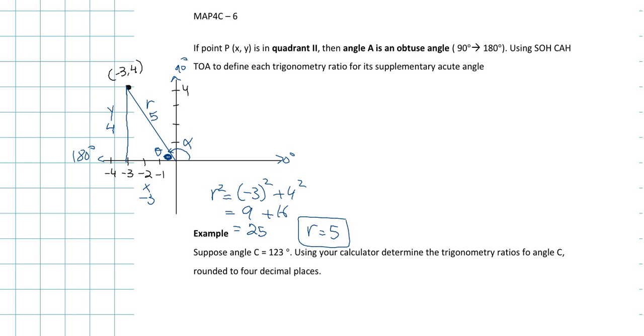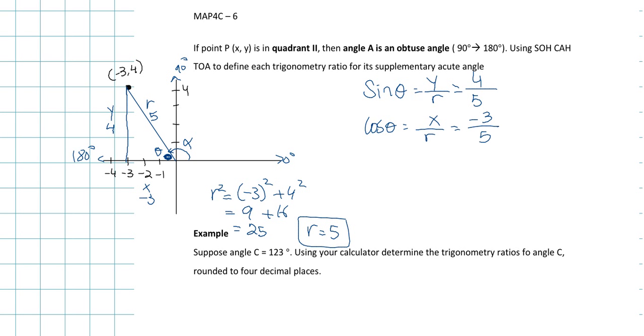X over r, negative 3 over 5. Cos turns out to be negative. Why? Because I have my original angle as an obtuse angle. Now you know why it's negative? Good.